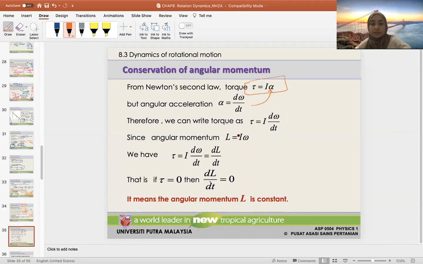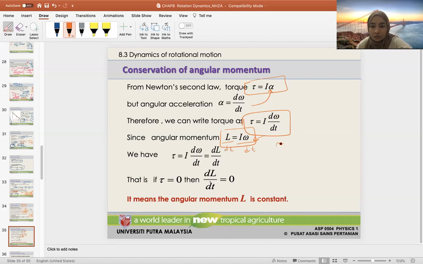Why is it blurry? Wait. Earlier we learned L equals I omega. So now we want to equate this with torque. Torque equals I d omega dt. This one has I omega, and this one has I d omega dt. So if I want to make these the same, I can put dt over here.